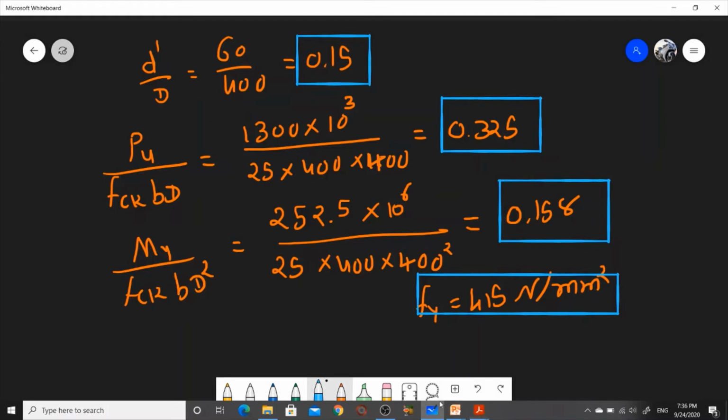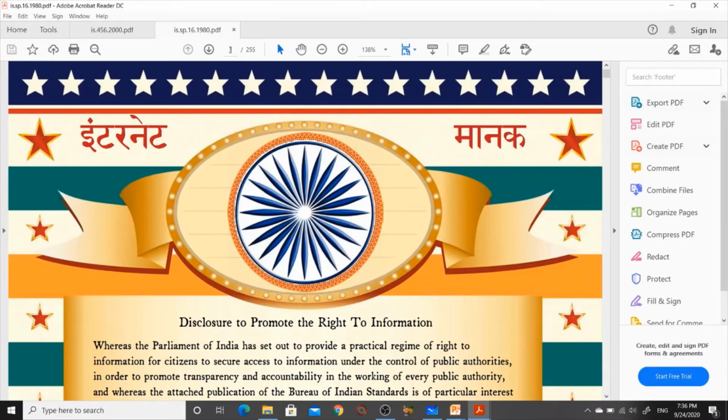We have to go to SP 60. Let's check SP 60, page number 130.